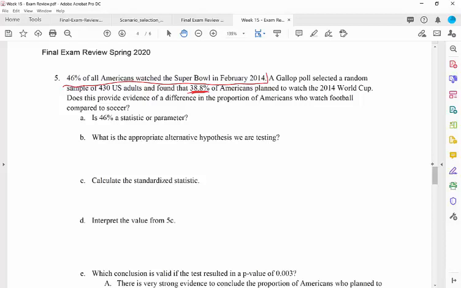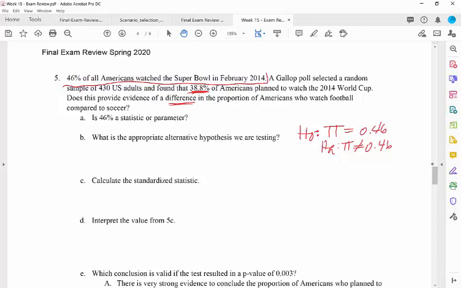So in this study, when we're thinking about our null hypothesis, we only have one parameter. We just want to know what's the true proportion of US adults who watch the World Cup. And we're going to assign a value of 46 percent, or 0.46, versus an alternative of a difference from 0.46. I didn't know they were all two-sided. So now we're just talking about the true proportion of Americans who plan to watch the World Cup.